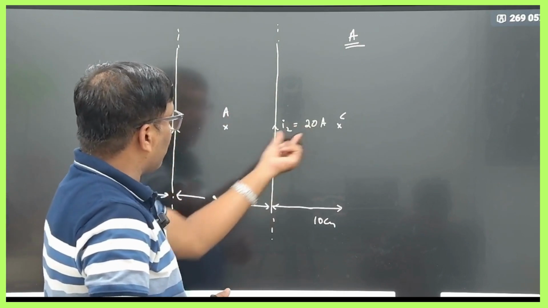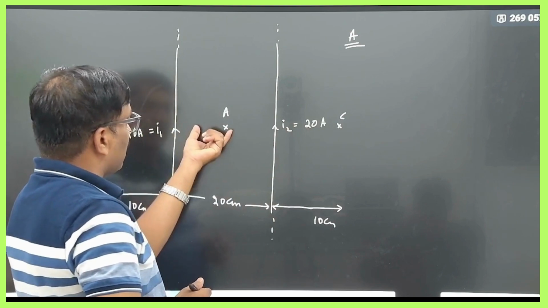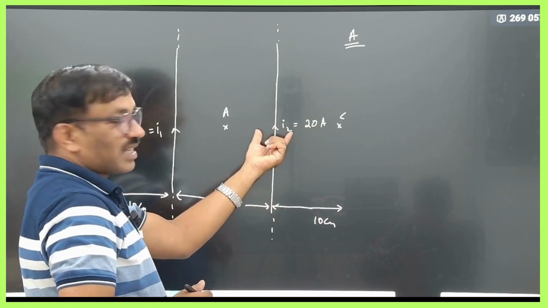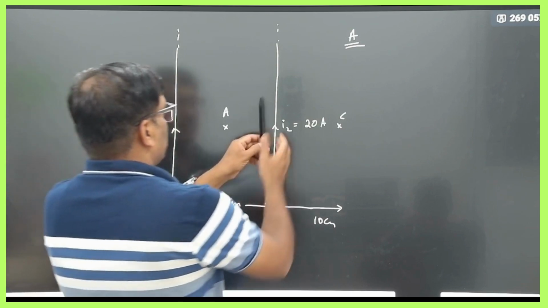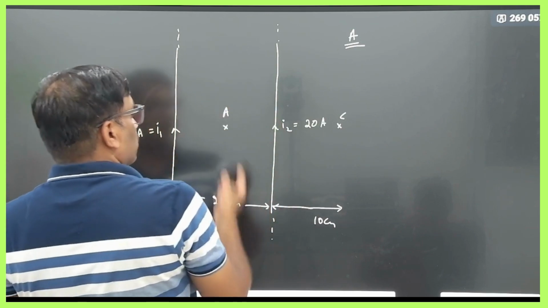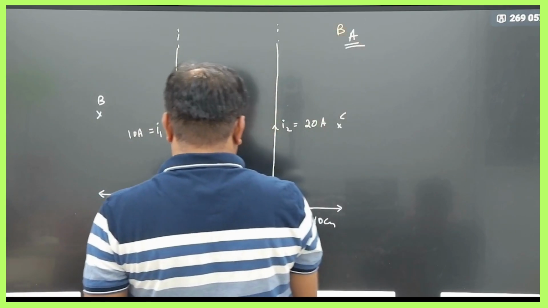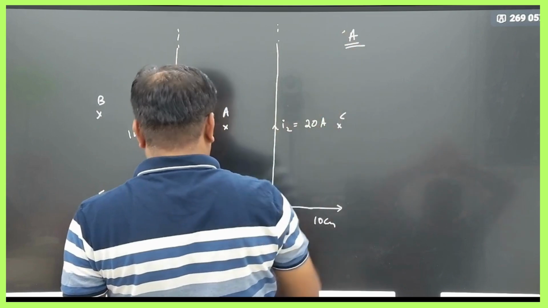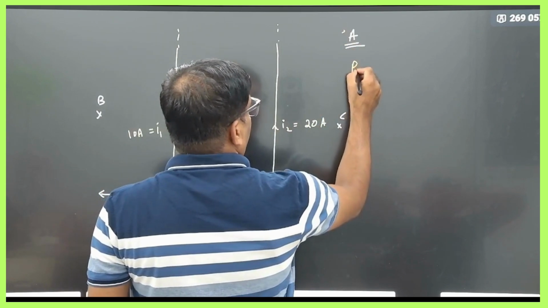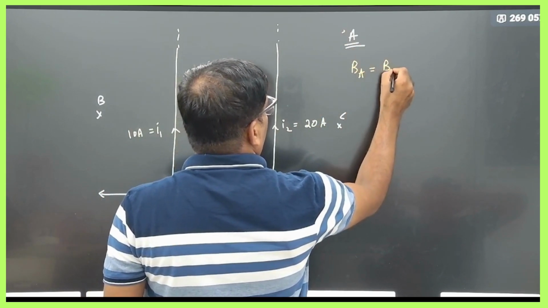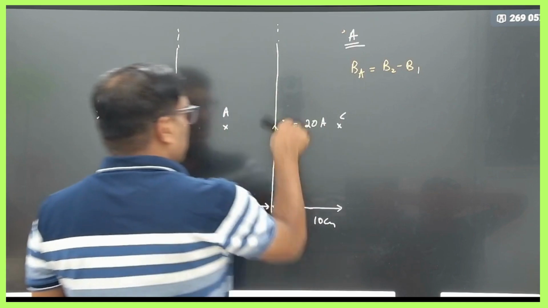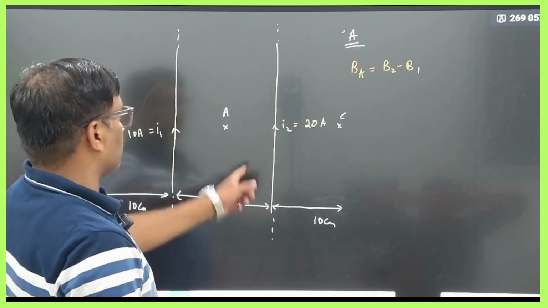Here 20 ampere at the same distance, here 10 ampere at the same distance. That means definitely this current carrying conductor is producing more magnetic field here. So the magnetic field at A will be equal to B2 minus B1. Why? This is more. So what will be the answer now?